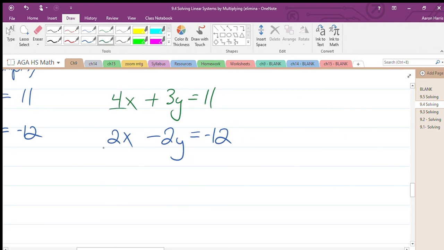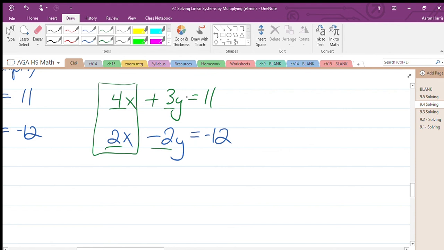I have a 4, I have a 2, I have a 3, I have a negative 2. None of them match, so they're not the same number, and they're not additive inverses. So I have to manipulate either one of the equations or both. If I eliminate the x, I only have to manipulate one of the equations because I know that the LCM between 4 and 2 is 4.